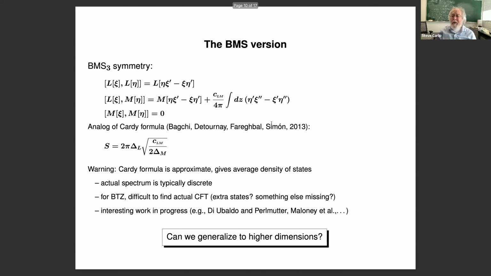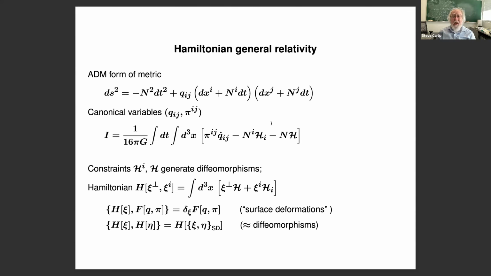Okay, so can we generalize this to higher dimensions? Well, let's start with the starting point for higher dimensions, which is the Hamiltonian formulation of general relativity. So you start with the metric in ADM formalism with a standard set of canonical variables. q_ij is the spatial metric on a constant time slice. pi^ij is the conjugate momentum.